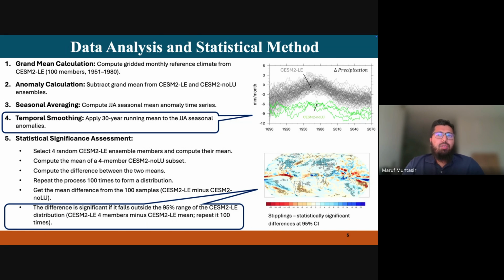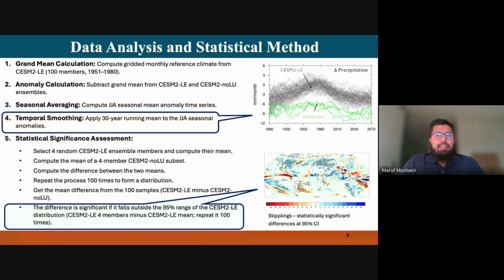We applied a 30-year running mean to the JJ seasonal anomalies to make the data smooth. After applying the 30-year running mean, we got this time series figure, which is the top figure. This time series is the area average mean, where more than 15% crop cover change happens.